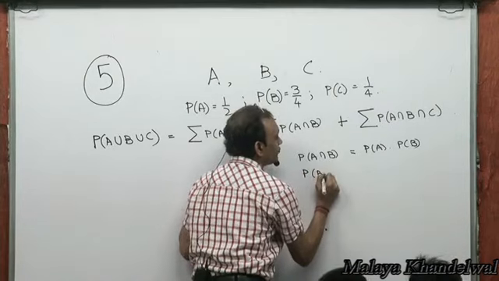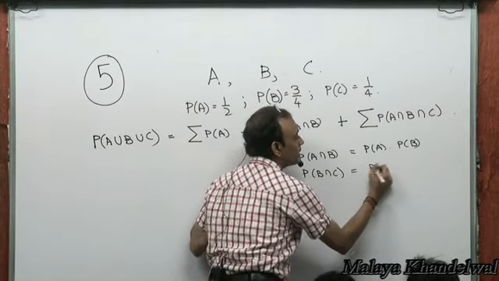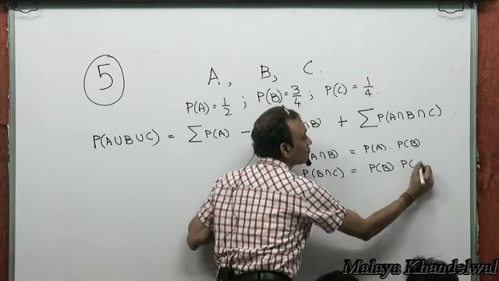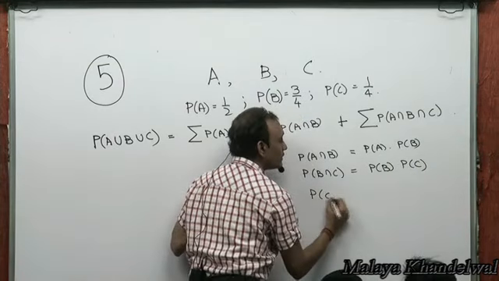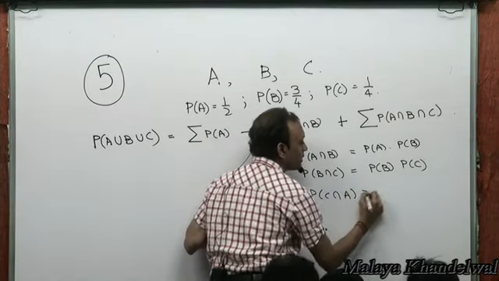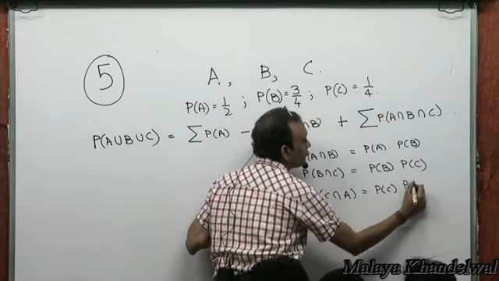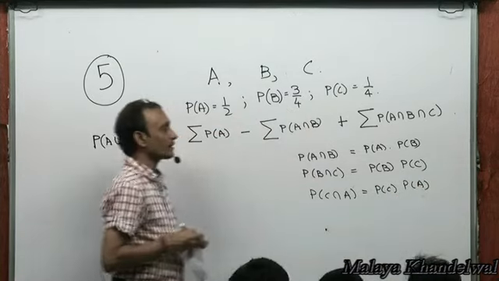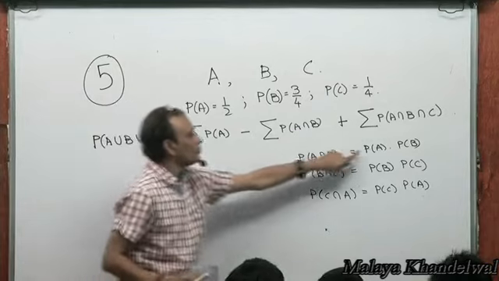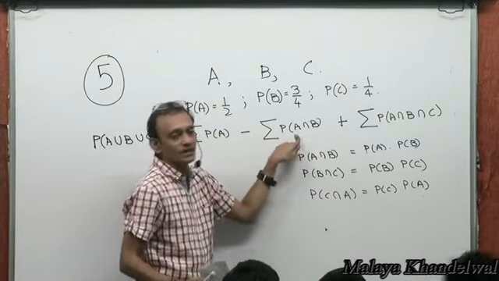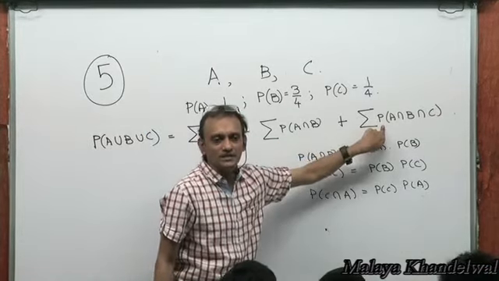Similarly, the probability of B and C is the probability of B into the probability of C, because they are independent events. C and A is the probability of C into the probability of A. So these three terms will appear in this summation and only one term will appear in the last summation.